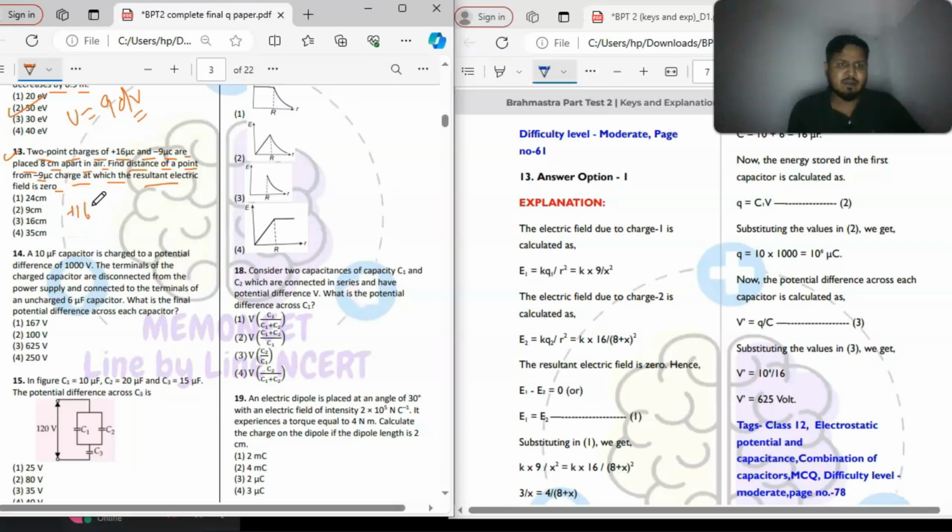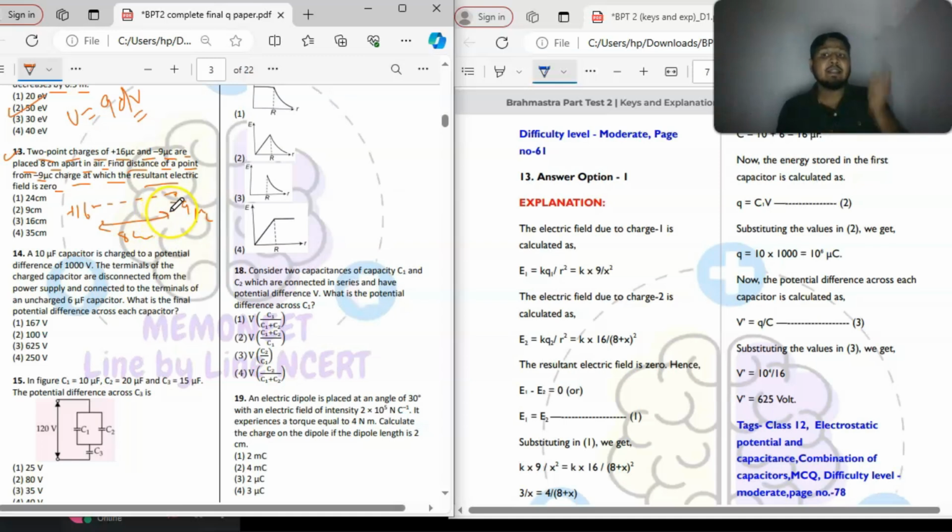Plus 16 microcoulomb charge is there, at a distance of 8 centimeter there is another charge, minus 9 microcoulomb. One concept is that if both charges have the same sign, then the electric field will be 0 between them. Here the two charges have opposite signs.